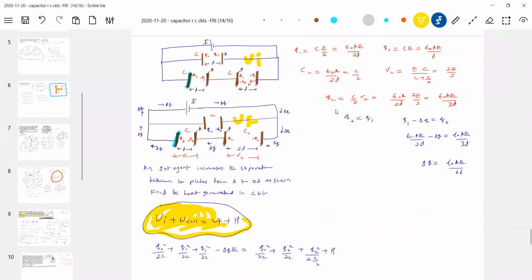The external agent also does work, no? What happened there? Any changes I should bring? Anybody? External agent, where shall I include it here? Is it correct or shall we make any changes?